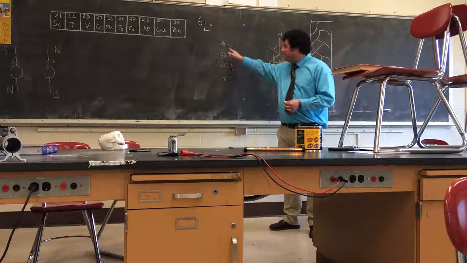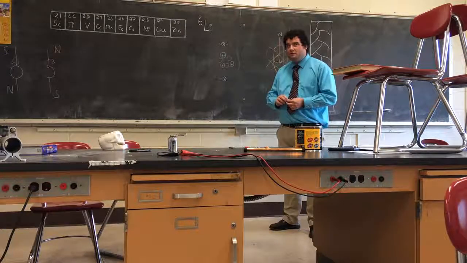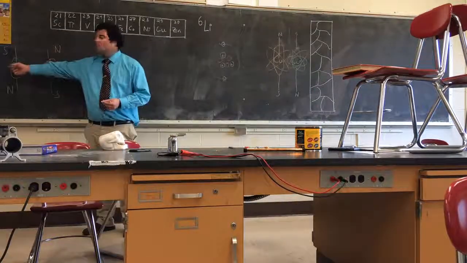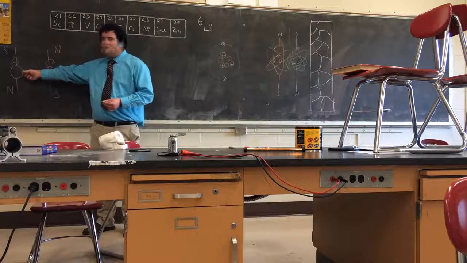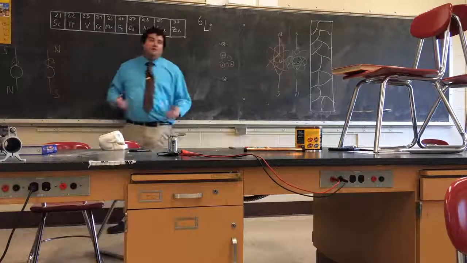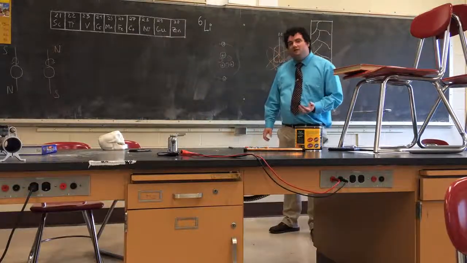We told you, though, that this ring, this orbital, only has room for 2 electrons. Here's your 2. One that's got its magnetism like this, one that's got its magnetism like that. One of the iron laws of chemistry is that you can't have identical electrons in the same atom.